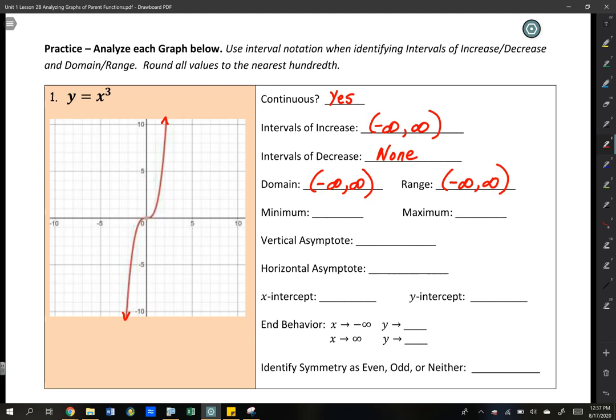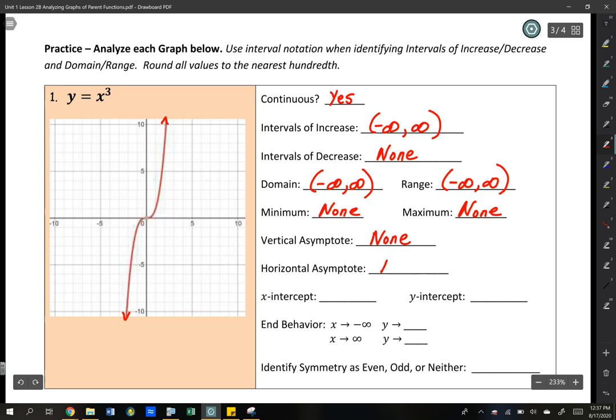So for both of these, the answer is none. And go back and look at the definitions of minimum and maximum if that is confusing to you. A vertical asymptote, well, we don't have a rational function, so we do not have a vertical asymptote.